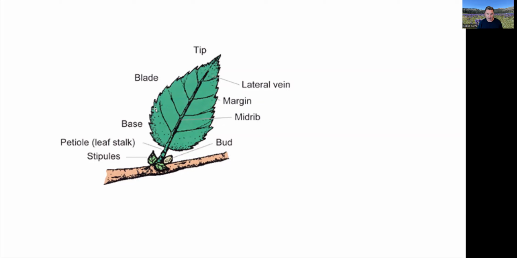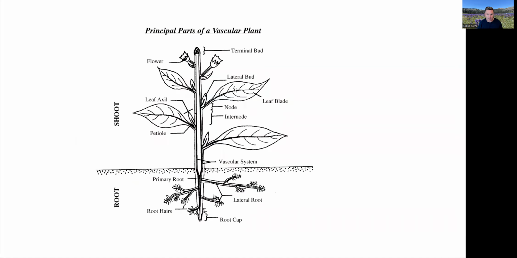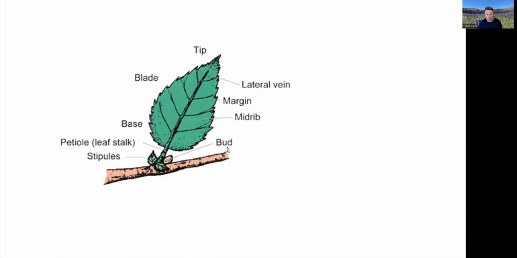And of course, we have the blade. We've already talked about the blade itself. We have the petiole or leaf stalk. It's the portion of the leaf that connects the blade to the stem. We've got bud. We have a bud in there. And if we reference back here, that is lateral bud. Then other parts we have here, sometimes there's stipules.